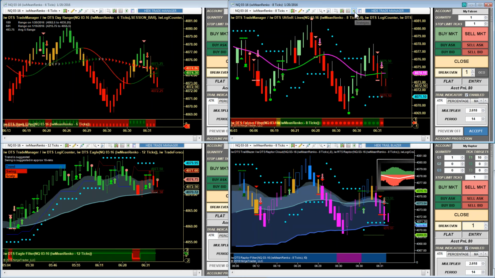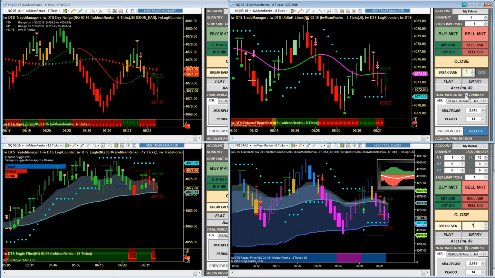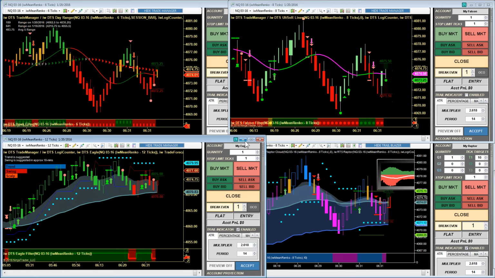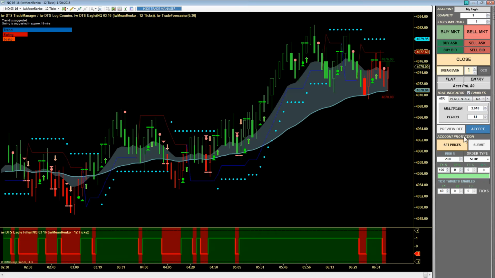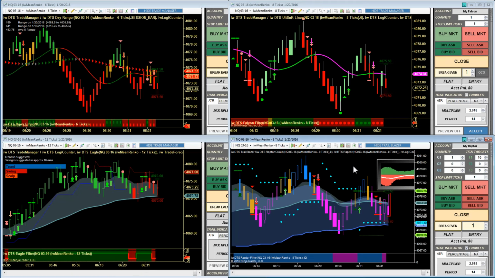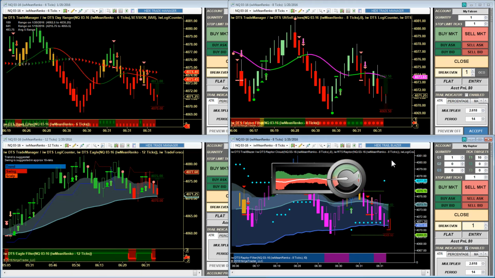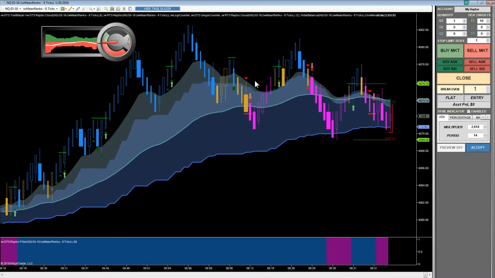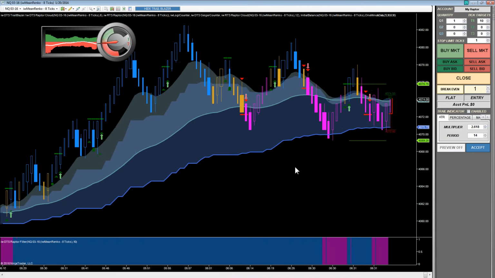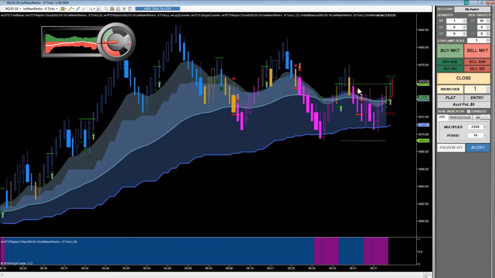Here in the top right, we have the Falcon Swing Trader. Bottom left is the Eagle Trend Trader. And the bottom right is the latest addition to the DTS family. This is the Raptor. And the Raptor actually incorporates elements of the other 3 trading tools all into one trading system.